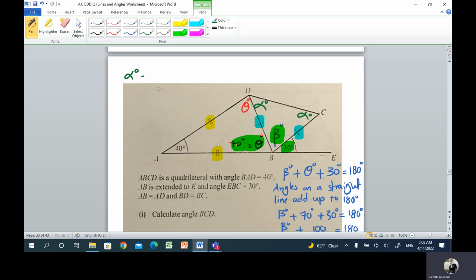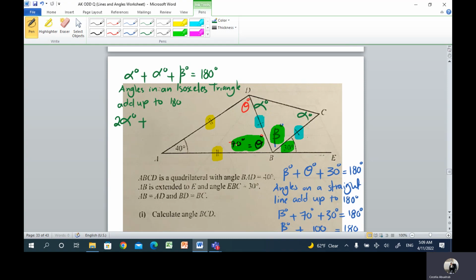So alpha plus alpha plus beta are equal to 180 degrees because angles in an isosceles triangle add up to 180. So alpha plus alpha, it will be 2 alphas plus beta.